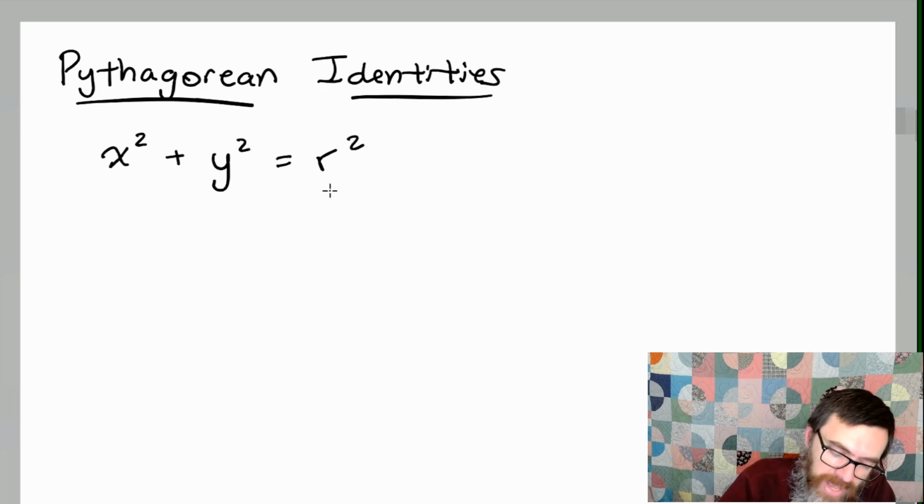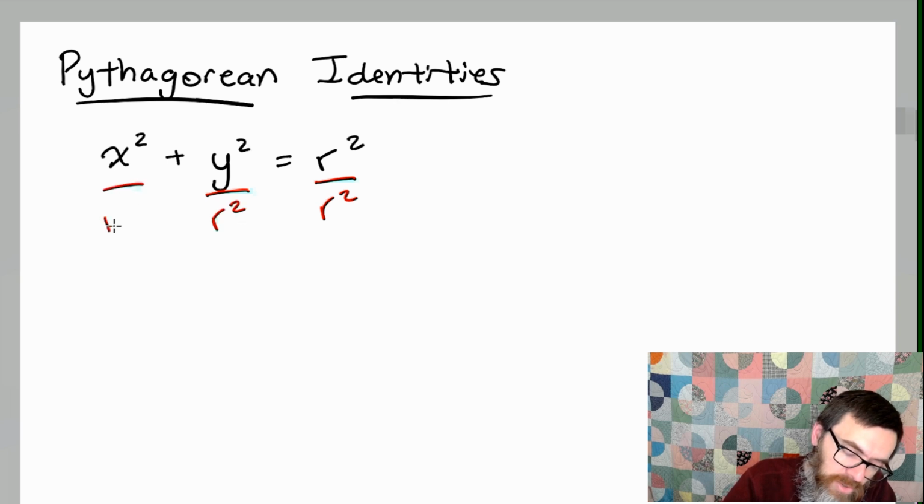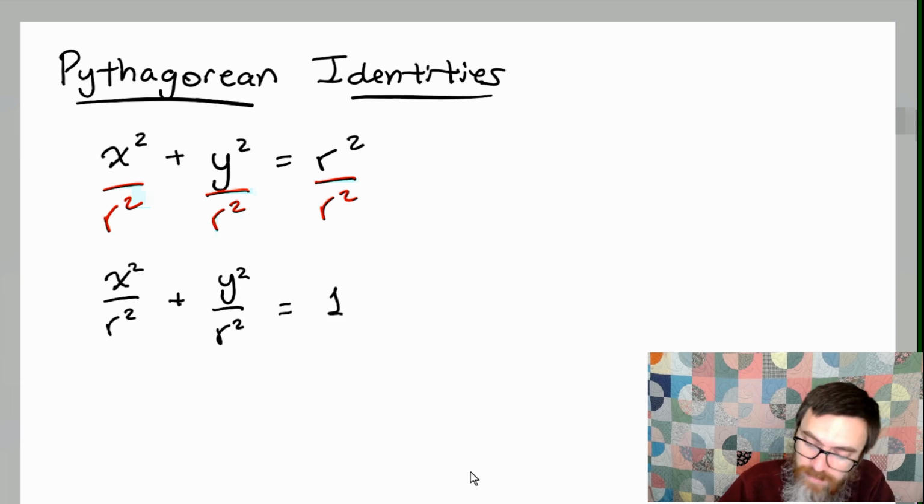So the first one that we have is if we were to take everything here and divide by r squared. So if we do that, we have x squared over r squared plus y squared over r squared is equal to 1.